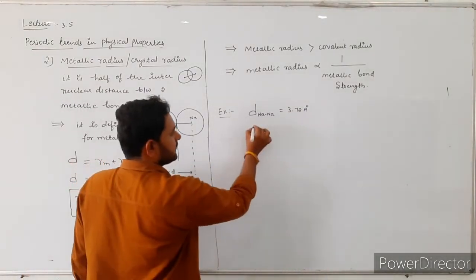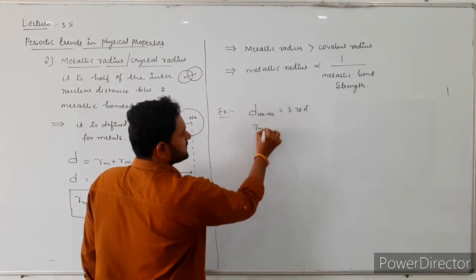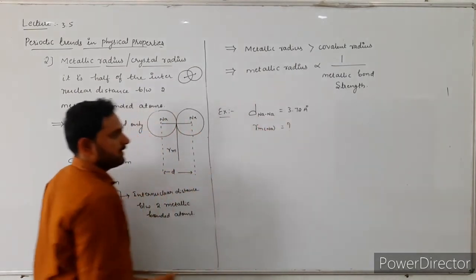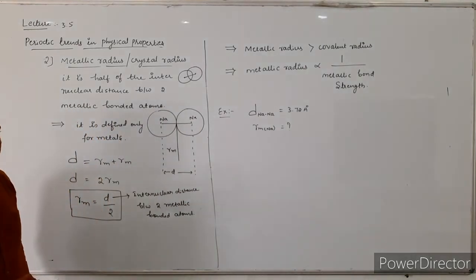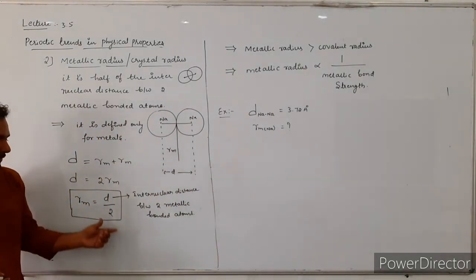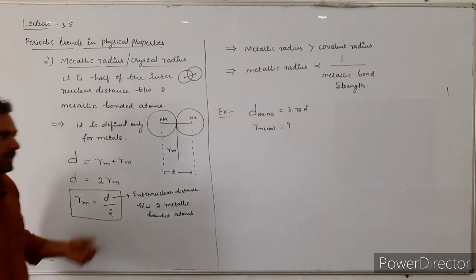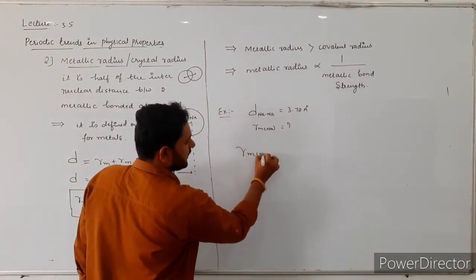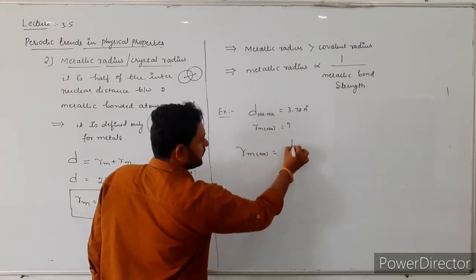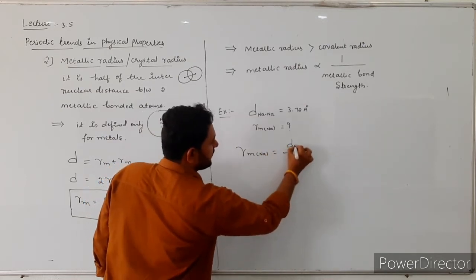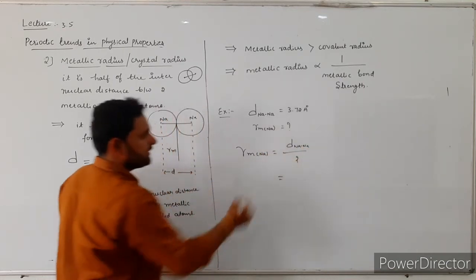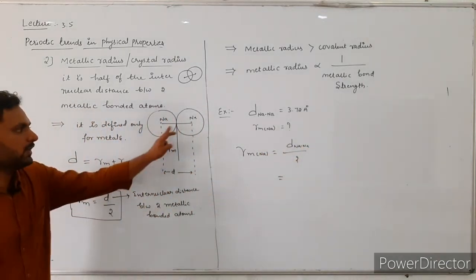Then calculate the metallic radius of the sodium atom. Use this formula to calculate metallic radius. Metallic radius of sodium atom is equal to the internuclear distance between two sodium atoms divided by 2. What is the internuclear distance between two sodium atoms?